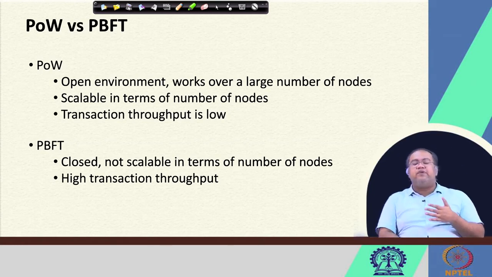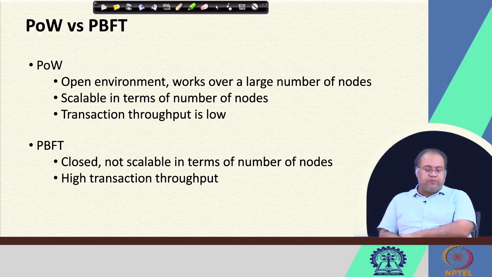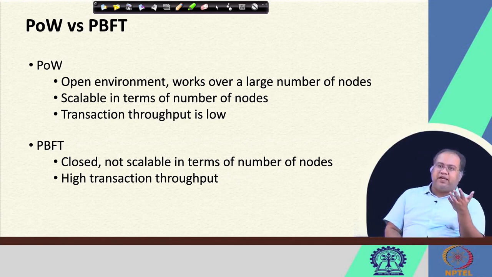So, today in this lecture we are going to do a mathematical computation of the typical transaction throughput in a proof of work based system, but what we broadly see is that the transaction throughput for proof of work is pretty low. On the other hand, if you consider PBFT or the Byzantine agreement protocols in general, they work over a closed environment because they are relying on message passing, and as we have seen earlier, message passing is something that actually creates a burden for an open environment.